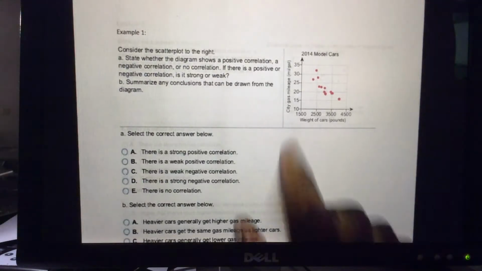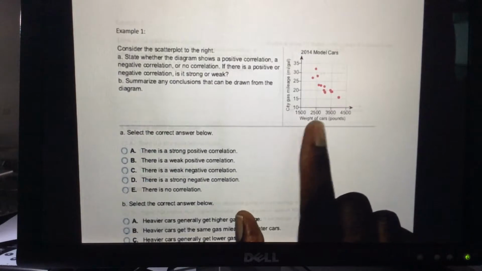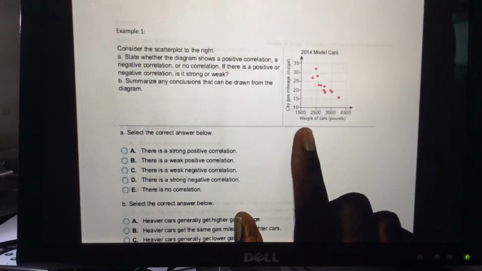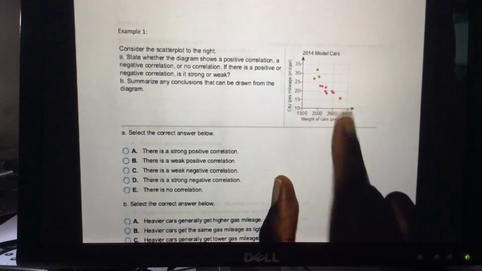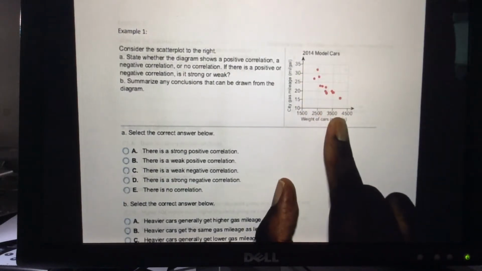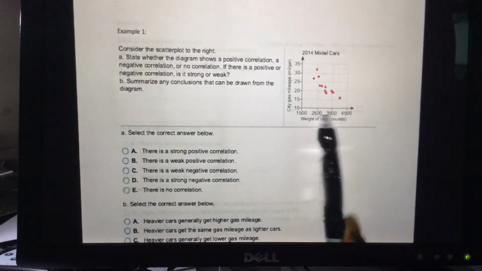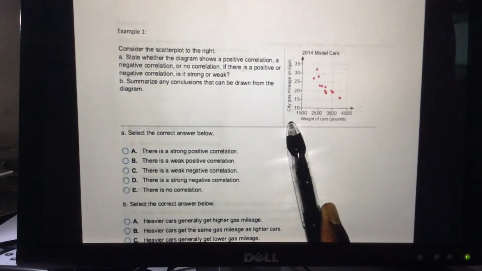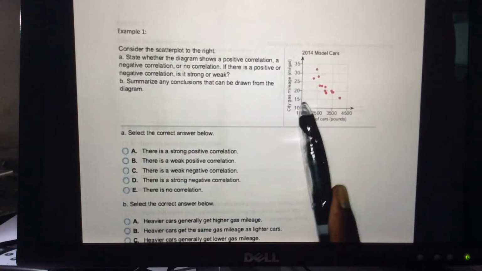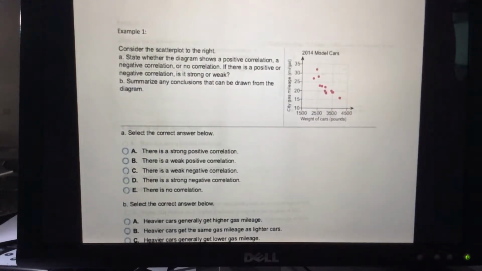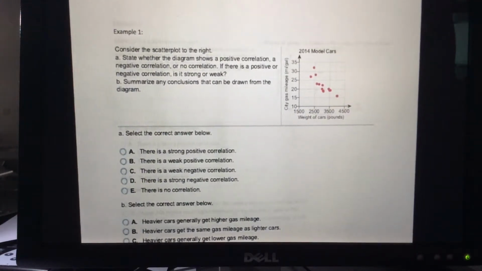So here we have this diagram that deals with model cars in 2014. By looking at this, we can see that these points are going in the downward direction as the weight of the cars increases. That means the city gas mileage will decrease. So there is a negative correlation.